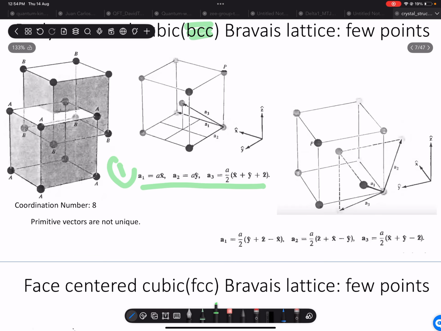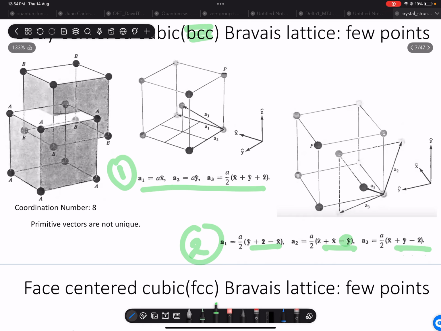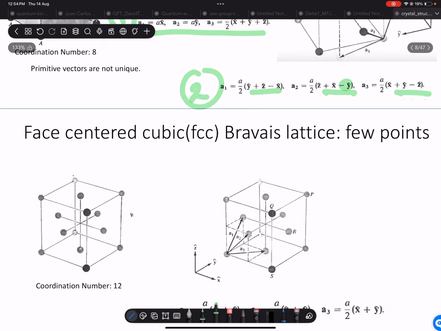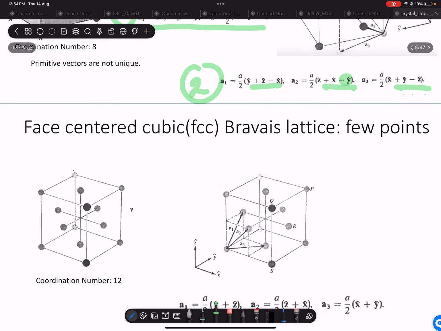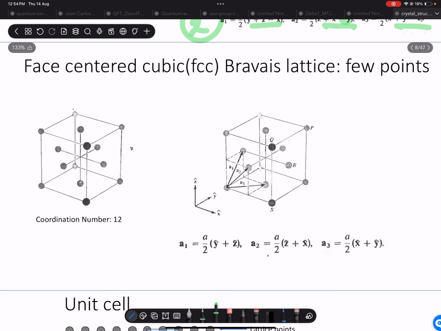This is choice 1 and this is choice 2, but you can see that choice 2 is a more symmetric choice. In a1, x is negative, and y and z are positive. In a2, y is negative and x and z are positive, and similarly for a3, right? Sometimes these symmetric choices have a distinct advantage when you are solving a problem, right?